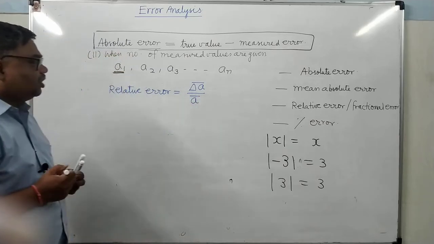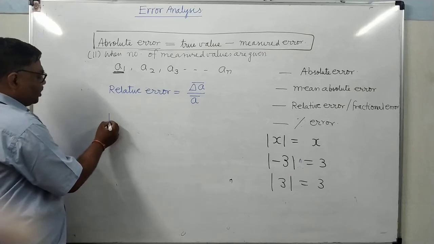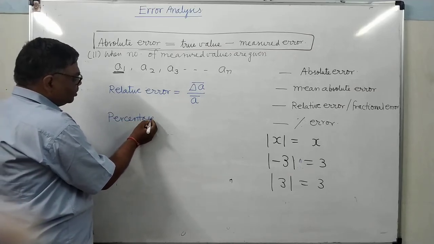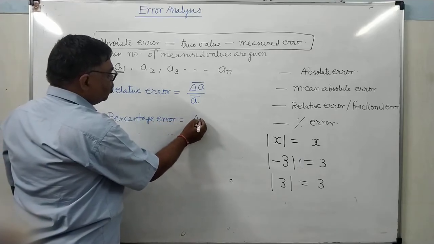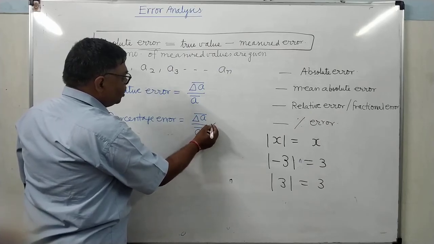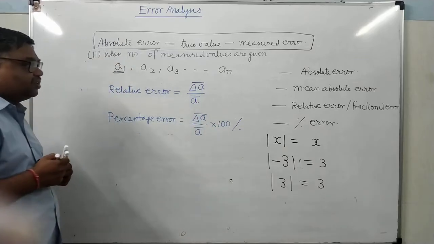That is known as the relative error or fractional error. And what will be the percentage error? How will you calculate it? It will be equal to delta A bar upon A bar into 100. This will be the percentage error.